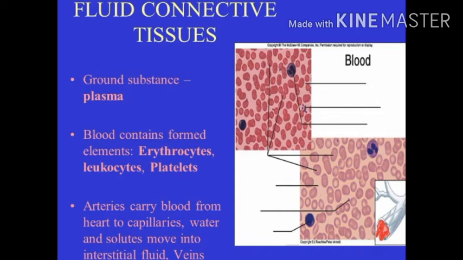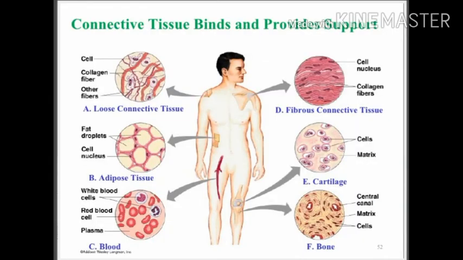Blood in human beings is transported within the blood vessels called arteries, veins, and capillaries. So, blood is called a fluid connective tissue. To summarize, connective tissue connects and binds different organs and tissues in the body. Not only that, it provides support, strength, and flexibility to the different parts of the body.